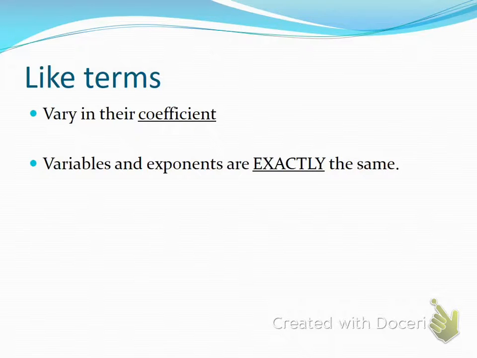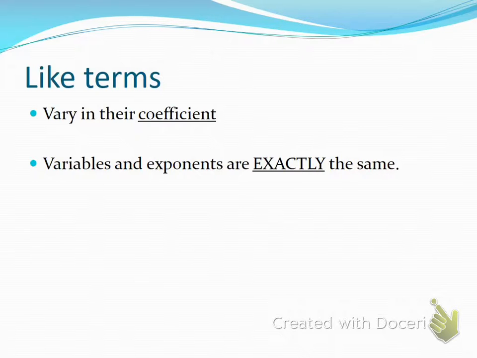So we are going to care a lot about like terms in this class. Again, something I think you've probably talked about before. It says that they vary in their coefficient. So in this sense, what does vary mean? What's another way we could say that? Are you familiar with that word vary?